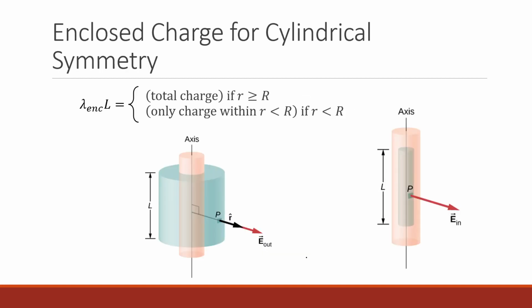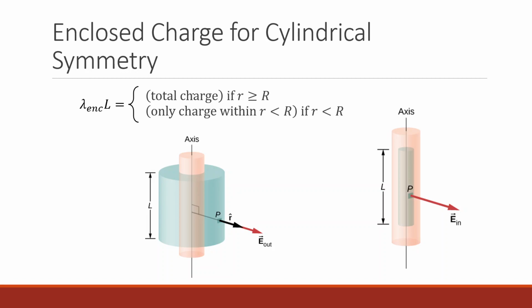All right, so what is going to be our Q enclosed for this guy? It's going to be very similar, but now we have a couple of images, which is great. We have our cylindrical surface, the peach colored object here. And so we're going to place a Gaussian surface along some line of this charge distribution. And we have an electric field that's coming out of it, and our r hat is in the same direction here.